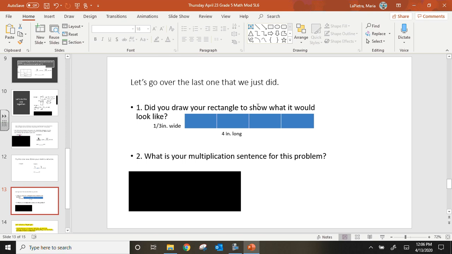Did you draw your rectangle to show what it would look like? I drew mine like this. 4, and this is only 1/3 wide. What does your sentence look like?